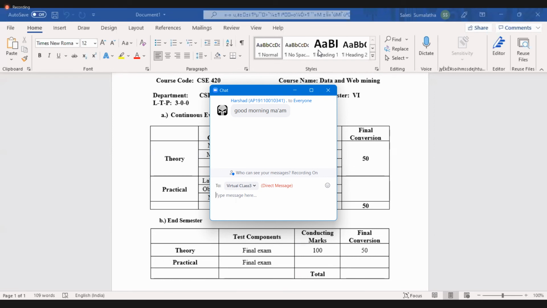CSCA, ma'am. So 2 CRs are there. No, we both are not CRs, ma'am. Maybe she also coincidentally sent her name. It's okay, I'll be saving both the numbers. No problem.